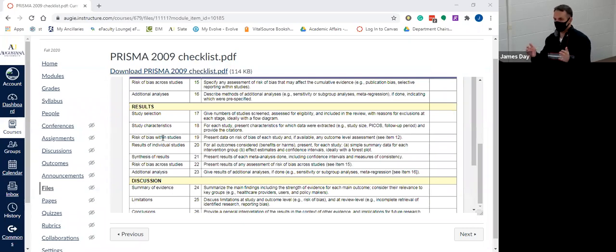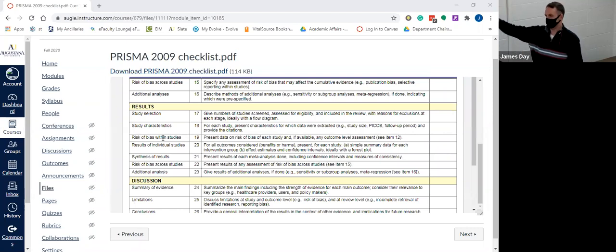Otherwise, your risk of bias is going to be described by primarily looking at the internal validity of the study, which is what the PEDro score does. Depending on whether you think that information is going to be particularly relevant to your readers, you have some studies that were done very well and some that were not.